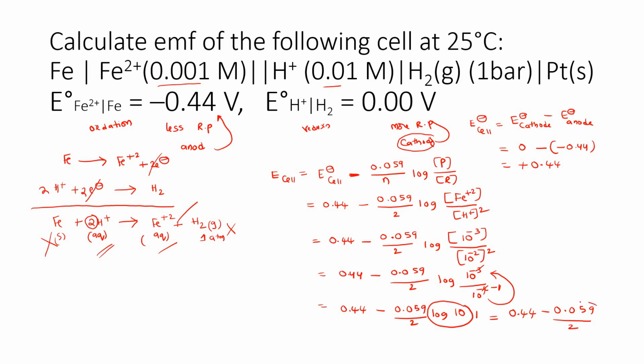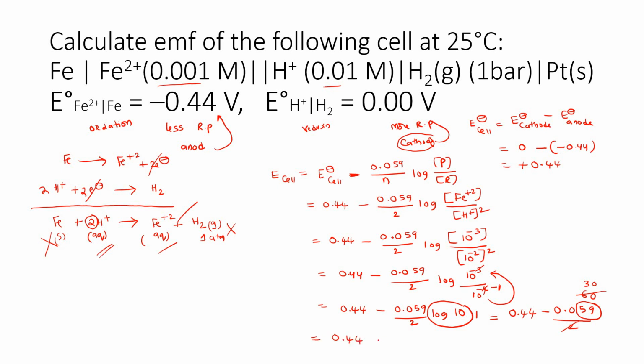You take roughly this value 0.059 as 0.06. Okay. Now what do we get when you divide this? We are going to get 0.03, roughly I have taken. Otherwise you can take 0.0295 also. Same thing only, not much difference.